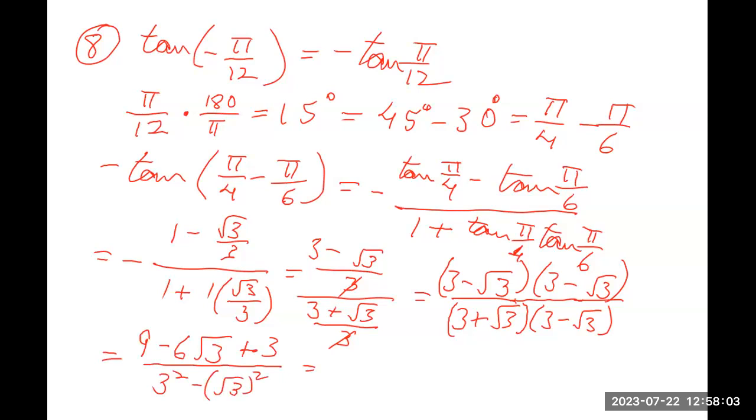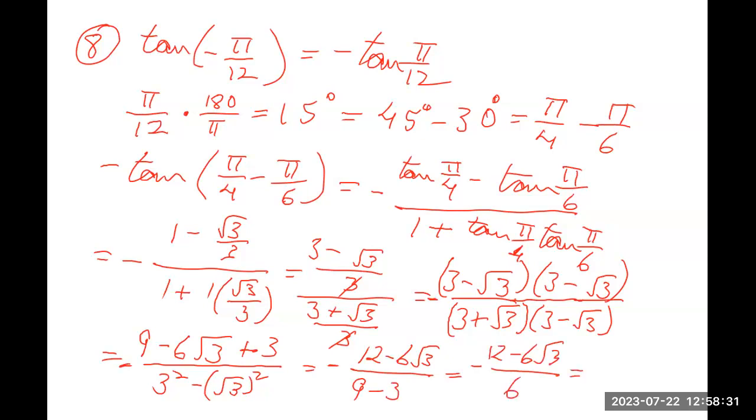So 9 and 3 is 12 minus 6 root 3. And here you have 9 minus 3, which is 6. Oh, and there's a negative sign in the front. So that's negative 12 minus 6 root 3 over 6.